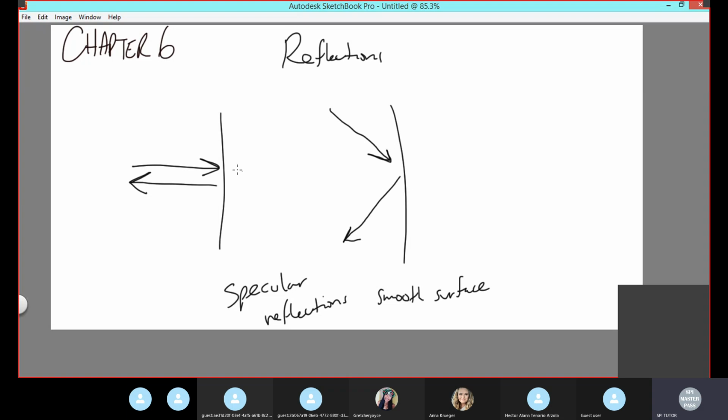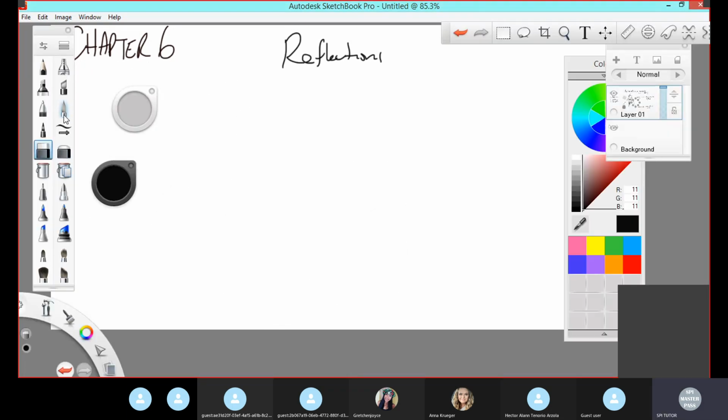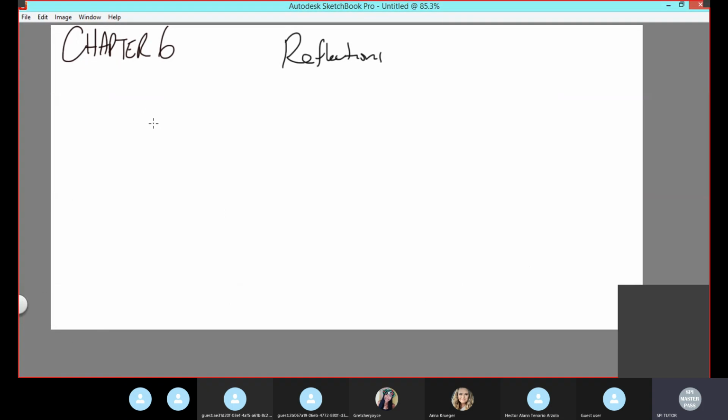Okay, so it's just kind of like a little definition thing. The one that actually happens mostly in the body is diffuse. Okay, diffuse reflections. Those are the ones that happen mostly in the body. And those happen when you have a rough surface.